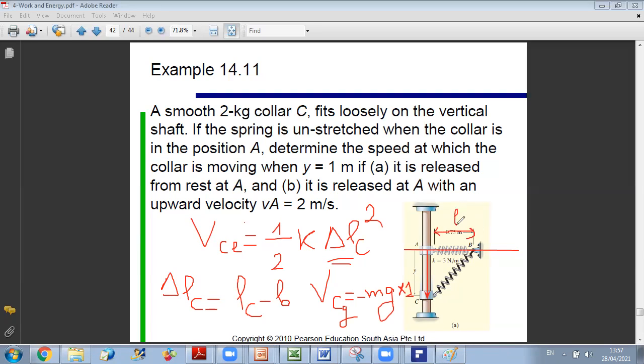So I can say that L0 is equal to 0.75. Now concerning the total length of my spring, this is the total length of my spring at this position. Since this triangle is a right triangle, I can say that this length is the square root of 1 squared plus 0.75 squared.